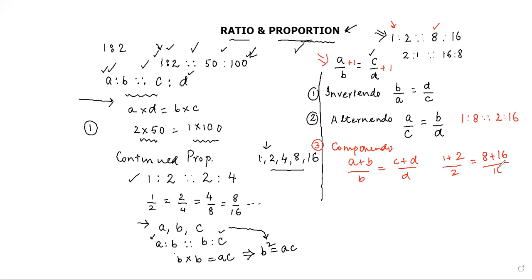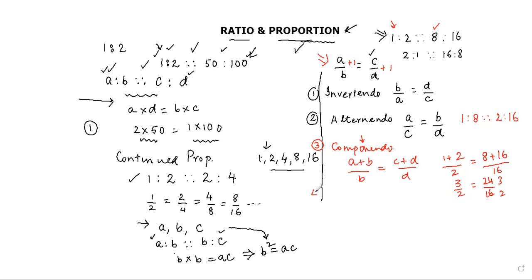Let's see this. 2 plus 1, 3 upon 2, and this is 24 upon 16. Let's simplify this. 8 3s are 24, 8 2s are 16. So you can see that the ratio is the same. So hence componendo is perfectly applicable for this ratio.